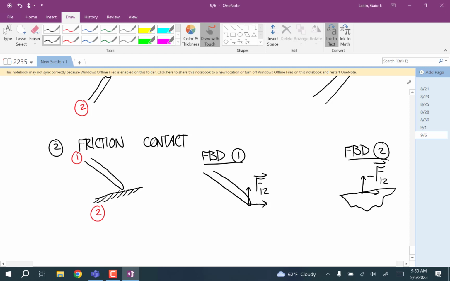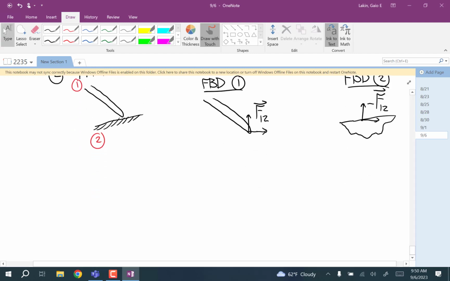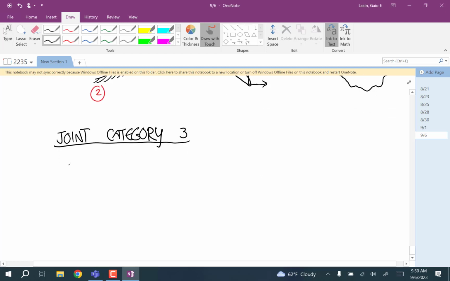Okay, this is the last thing I'm going to say. I just want to have all this together in your notes. So now the last category is joint category 3. That's just one that disallows all motion by applying a force vector and a couple.